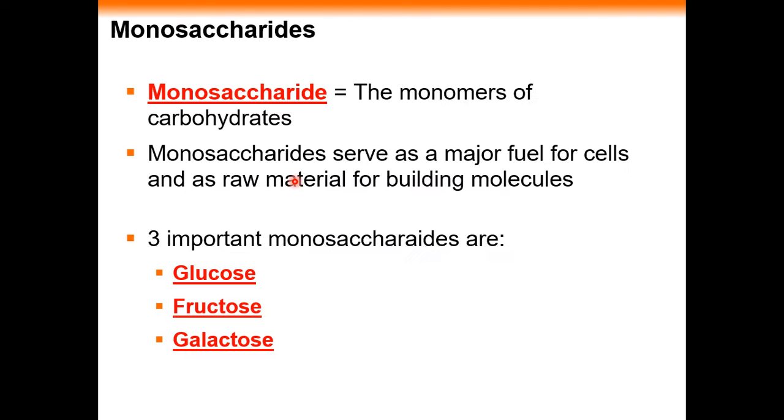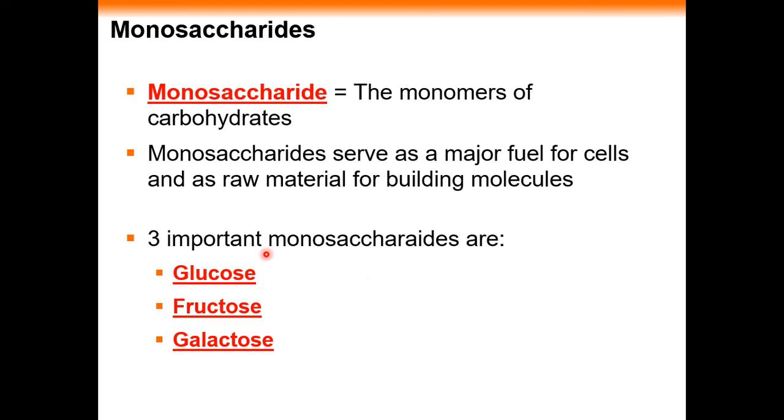But we'll get to that. So a monosaccharide is the individual unit, the monomer of carbohydrates. You build them together and form a polysaccharide. These individual units are the major fuel source for cells, and they're the raw material for when we build molecules. Sugars, carbohydrates, are the major fuels for the cells, especially the brain.